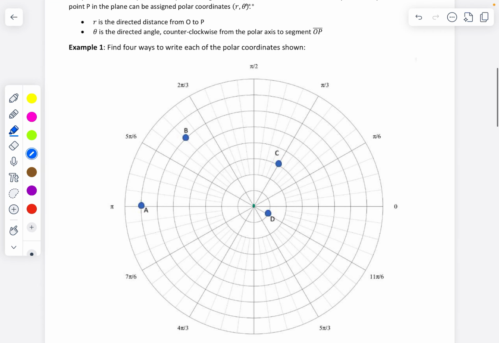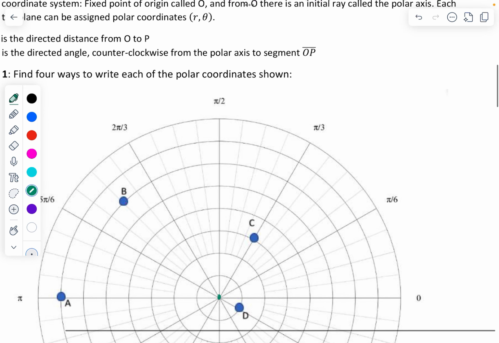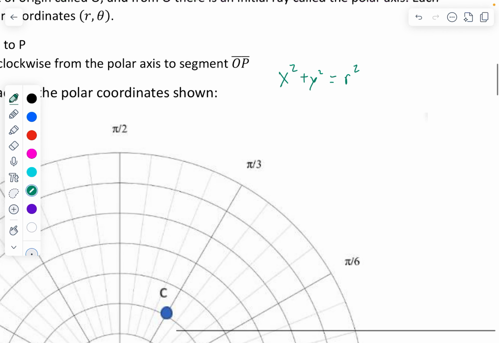What it allows us to do is take an equation such as a circle. We'll say a circle with center at the origin, which is pretty easy: x squared plus y squared equals r squared. That gives us an equation of a circle.